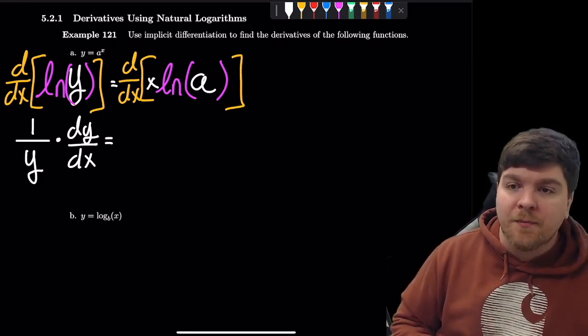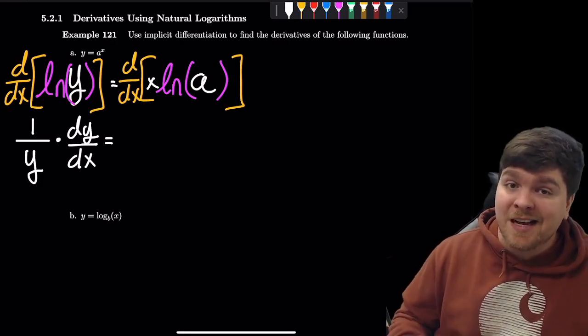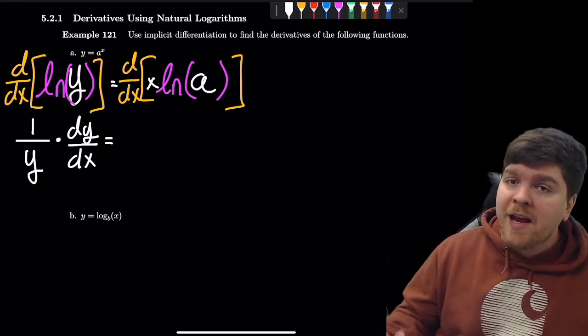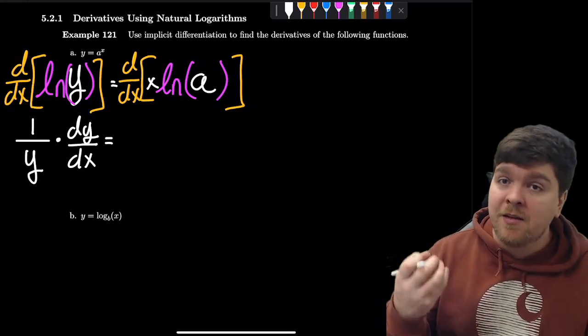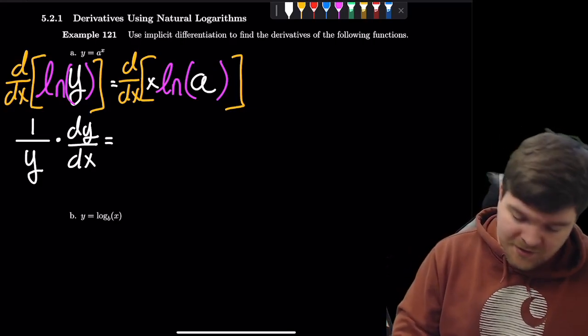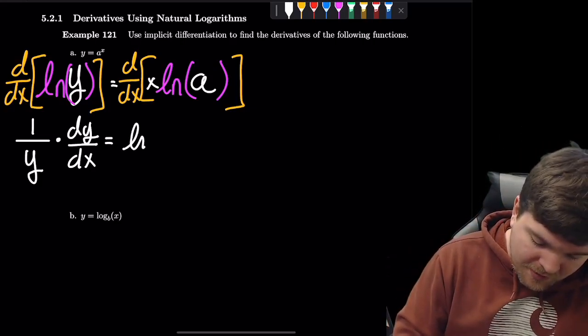And on the right side, we're taking the derivative of x times the natural log of a. Well, if a is a constant, the natural log of a is also a constant. So we're taking the derivative of a constant times x, which is just going to leave us with the constant.